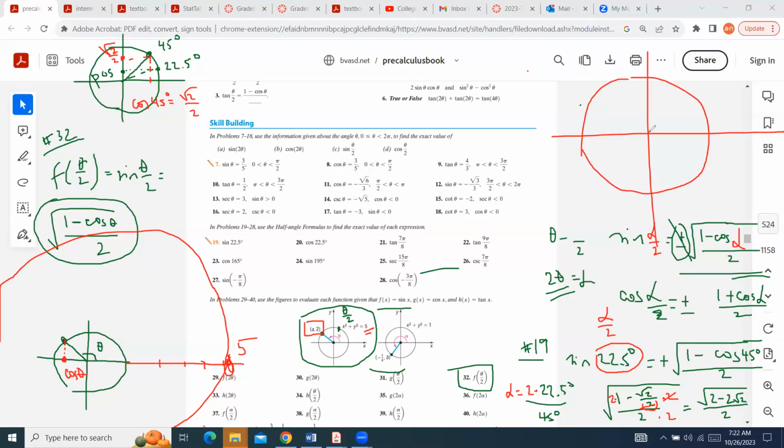they say angle theta is here. And the coordinates will be numbers A and 2, right? So A is here and 2 is there. That's what they gave us on the picture. Okay. So how do I find my cosine?